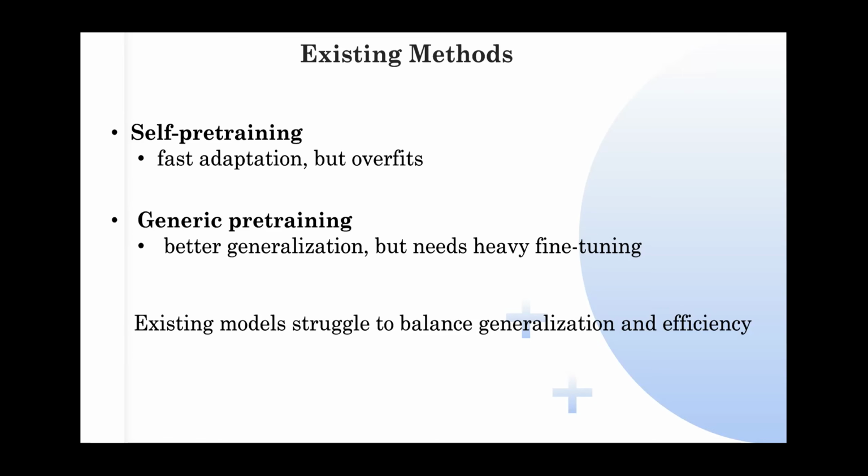But a lot of models struggle to balance generalization and efficiency. Those models are much bigger and can capture better features and generalize better, but they are very difficult to train and very resource heavy, so they are not efficient.